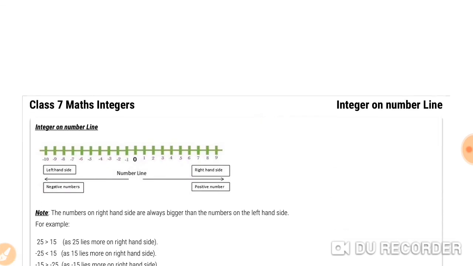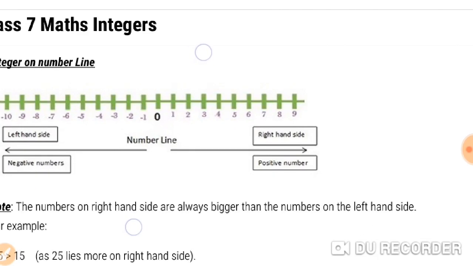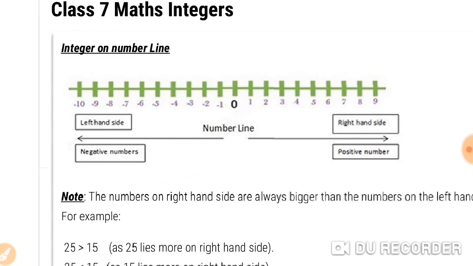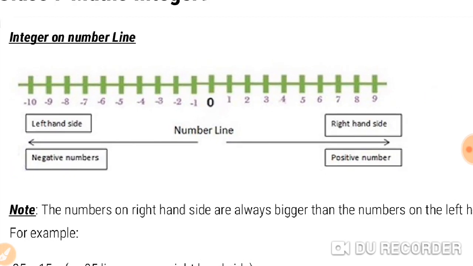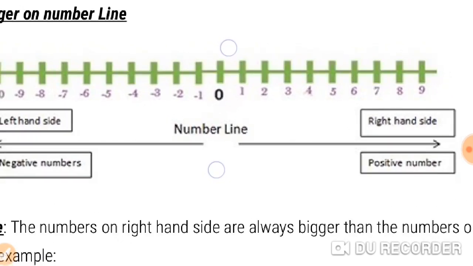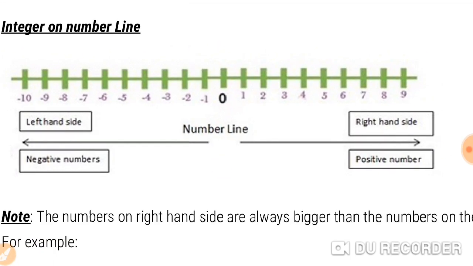So now again I'll go through the number line very clearly. You can see it, I think, in this picture. If not, you can refer to your 6th standard textbook, because in 6th standard you also studied integers on the number line. See, 0 is at the center.